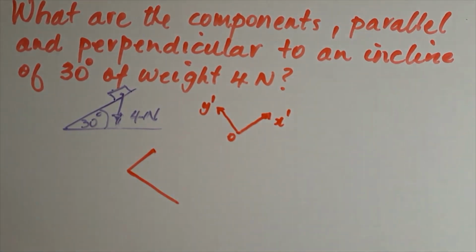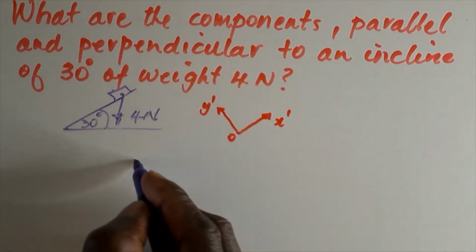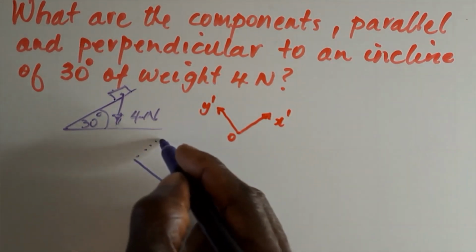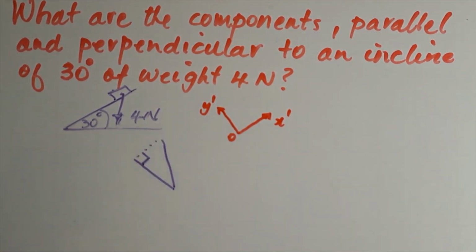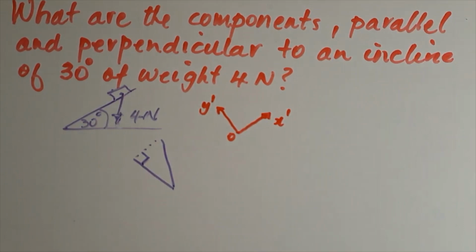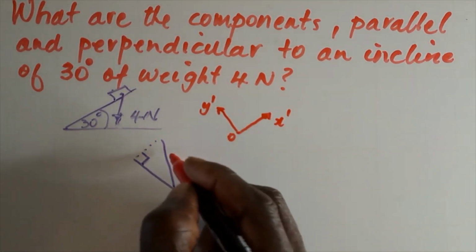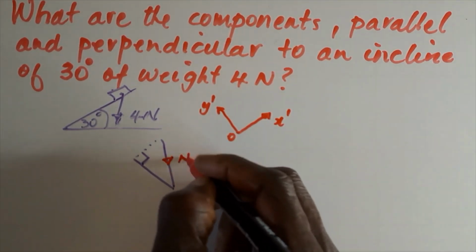In fact, I'll use colour here to distinguish what we're doing. So we have this. This is our right angle here. Now the weight of 4 newtons acting here.